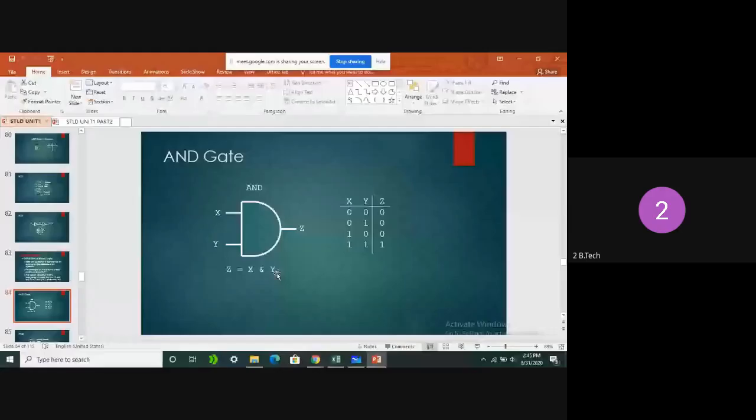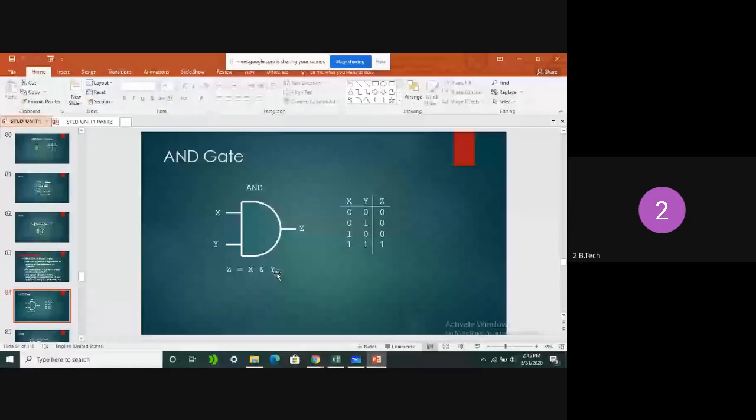Z is the output, which is high only if both X and Y are high. This is the symbol we need to use throughout our BTech life to represent an AND gate. Not only in second year, if you want to use an AND gate in third or fourth year, we use only this symbol. Is that clear, all of you?